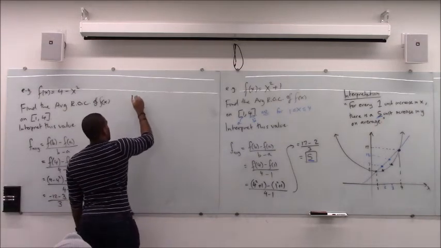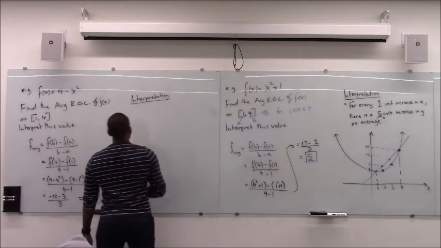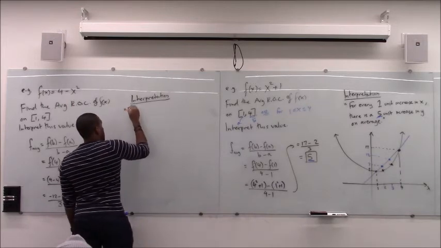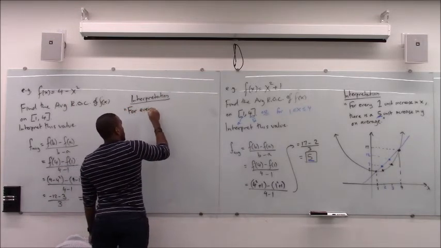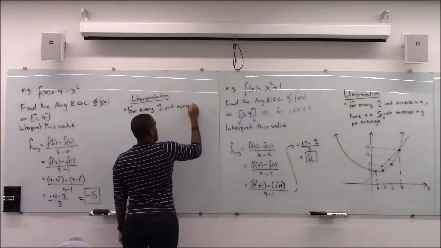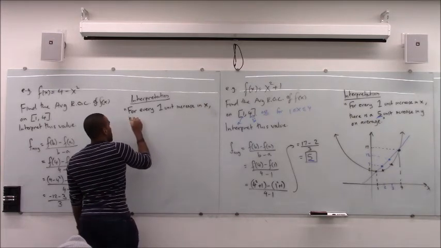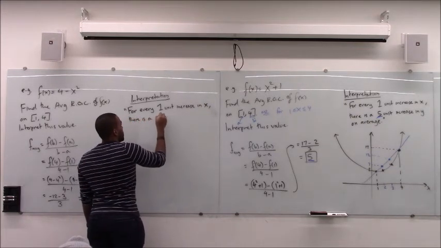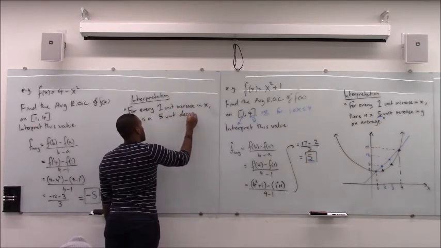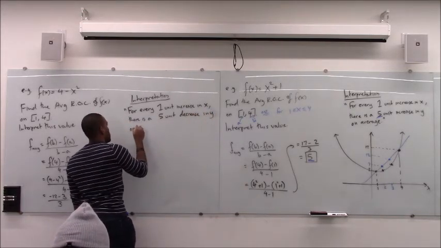So, interpretation here. What does it mean to say the average rate of change is negative 5? Well, it means for every 1 unit increase in x, there is a 5 unit decrease in y on average.